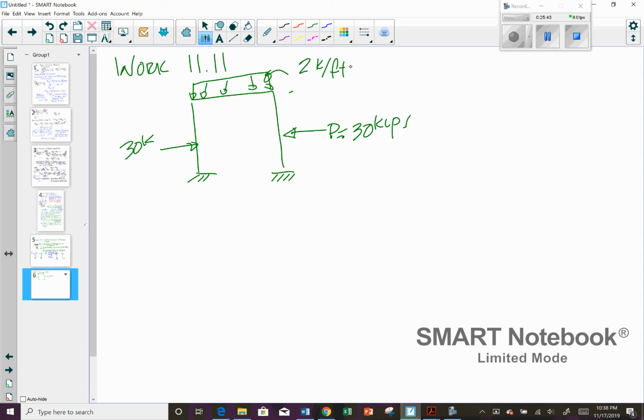You should look at this and say that it is indeterminate. Even though I didn't give you the dimensions, it is symmetric, so this means no side sway.